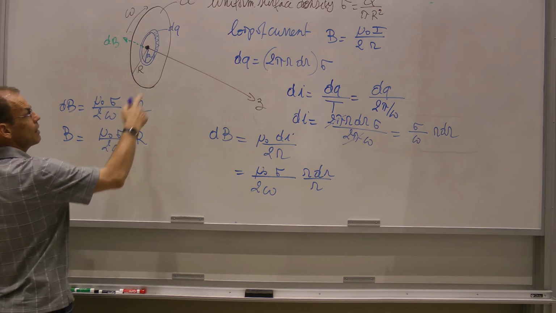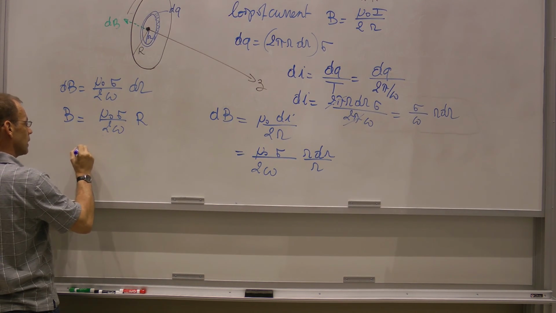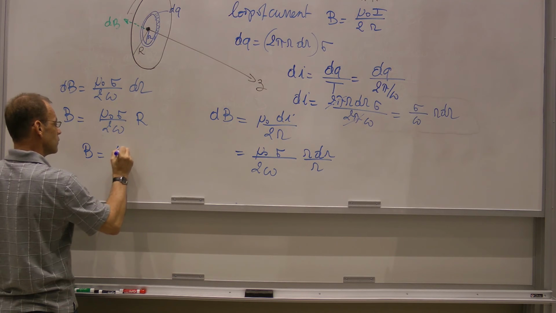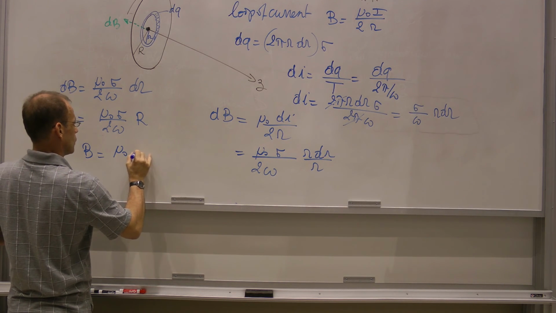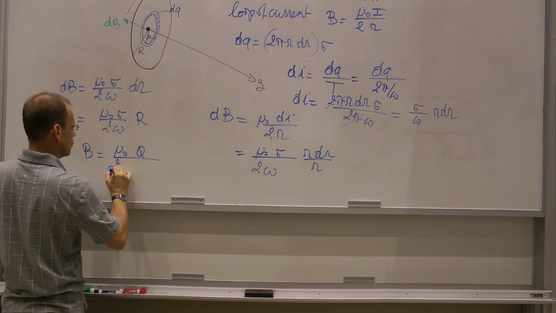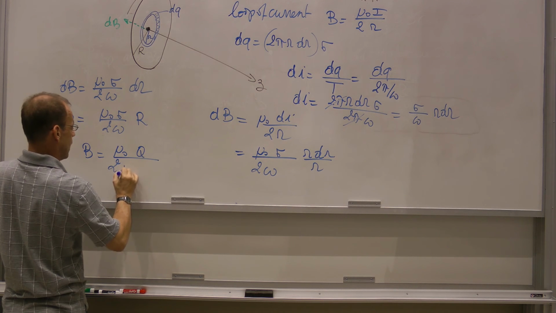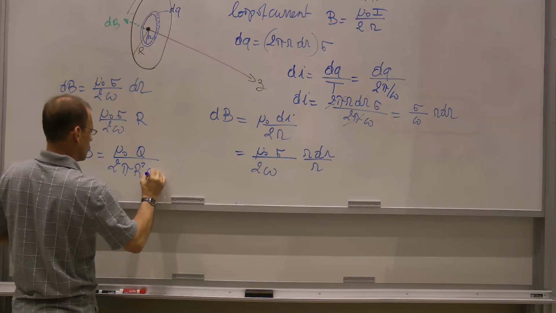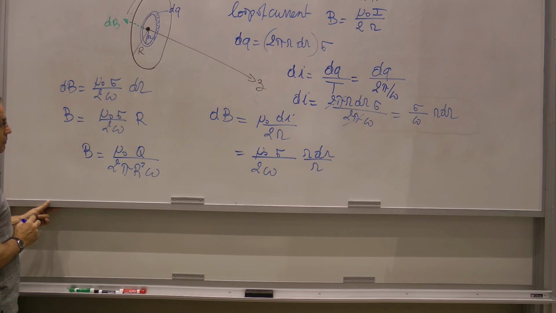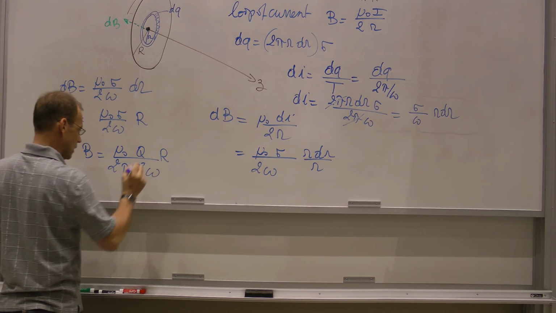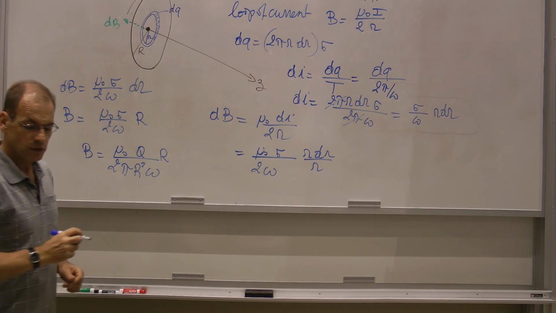And getting rid of sigma, replacing it by q over pi R squared, gives me a magnetic field B equals mu 0 q divided by 2 pi R squared, times R. And of course, one of the R cancels out.